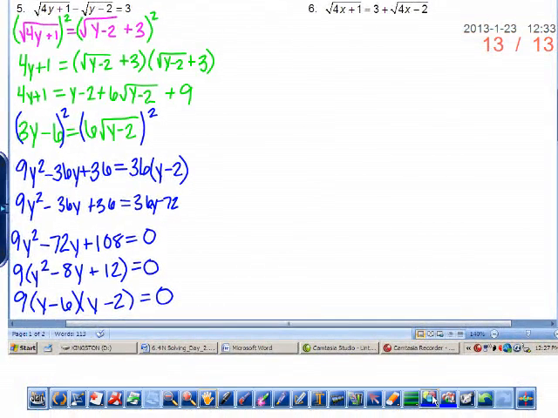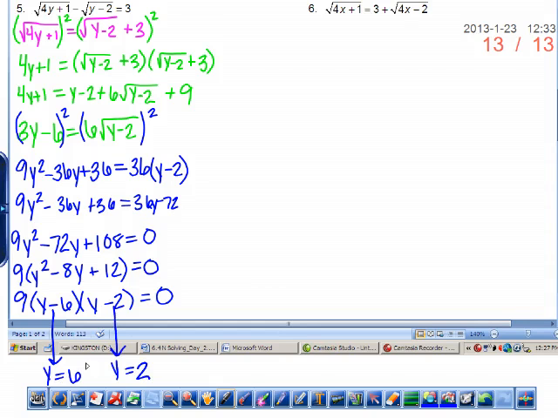So my possible solutions at this point, does that 9 give me a possible solution? No, because 9 is never equal to 0. What possible solution do I get from y minus 6? y equals 6. And what about y minus 2? Good. What do we need to do now? Check it.